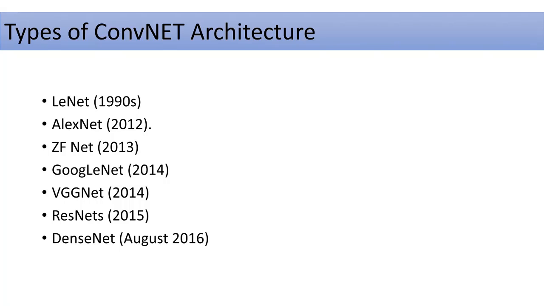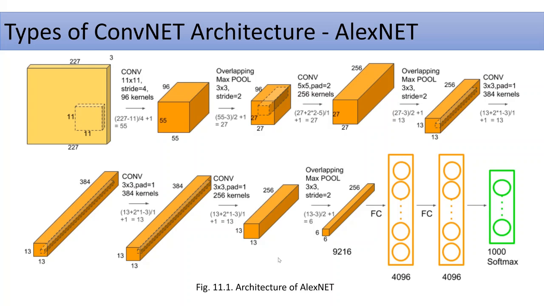In 2016, recently, DenseNet came into existence. DenseNet has shown to obtain significant improvements over previous architectures like GoogleNet and ResNet. And that's it for the video.